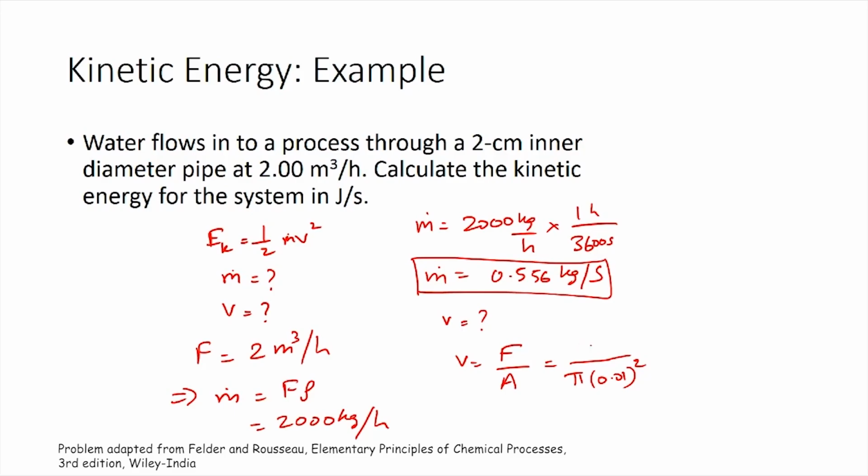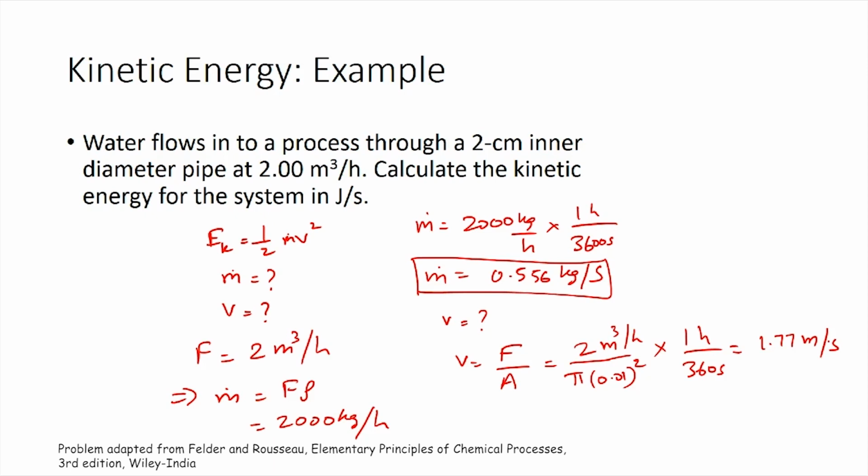Volumetric flow rate is 2 meter cube per hour. So, from here we can get the value for velocity in terms of meters per hour. We still need to convert it to meters per second. So, we will convert that as 1 hour divided by 3600 seconds, giving us a velocity of 1.77 meters per second.